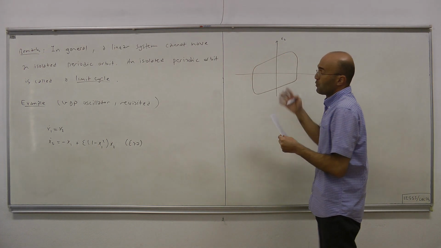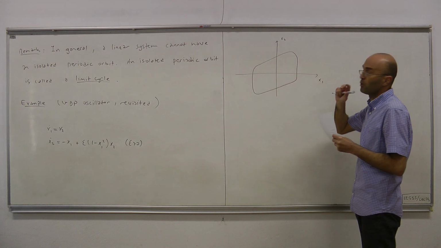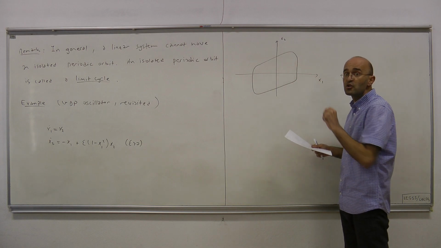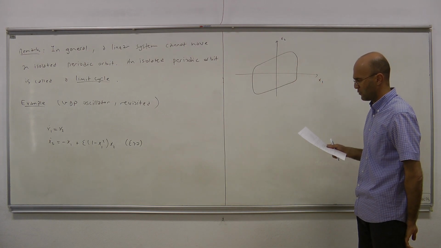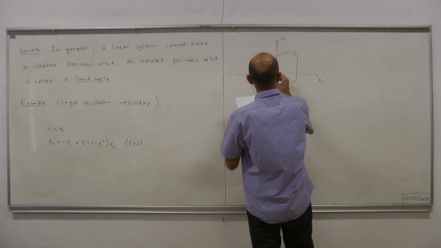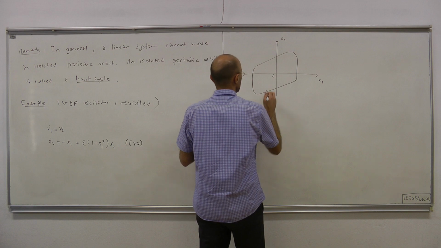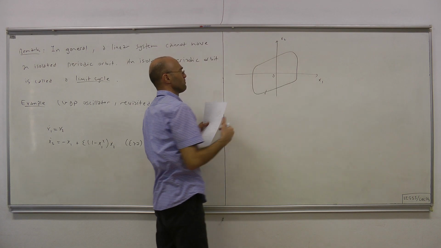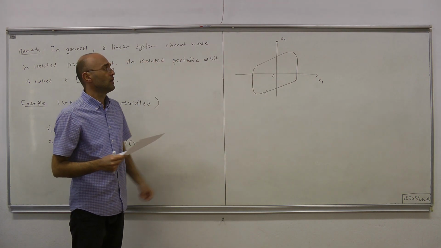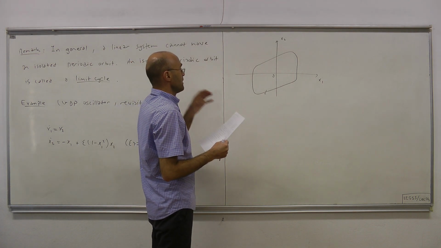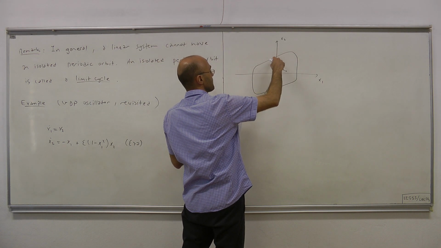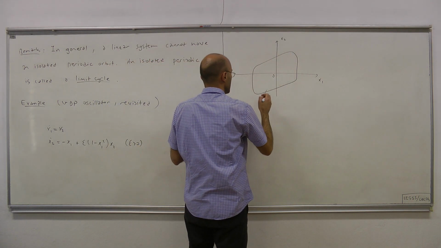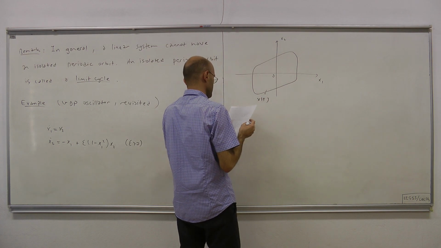Of course, I believe this is for some small epsilon. If you increase it further and further, the shape becomes more and more distorted. Here it looks more or less uniform. This is 0, and that's the direction. So this is a periodic solution. This is a loop, so the trajectory closes on itself, and if you start anywhere on that periodic orbit, you keep moving in that direction.